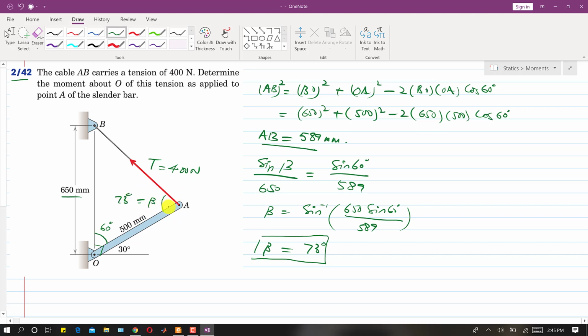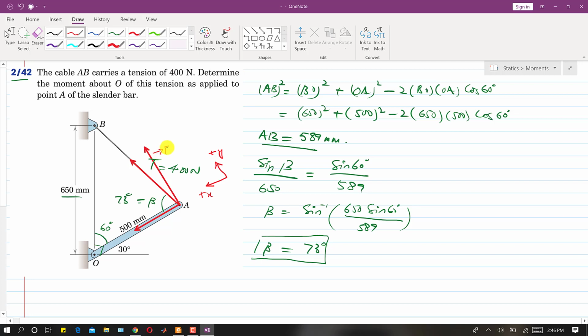Now if we resolve this tension into its components, let's suppose this is the component which is parallel to the OA arm, and the other component will be this one, right? Let's suppose this is the direction of OA, the positive x-axis, and this perpendicular to the OA arm is the positive y-axis.